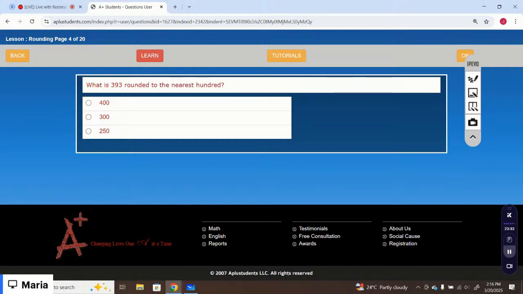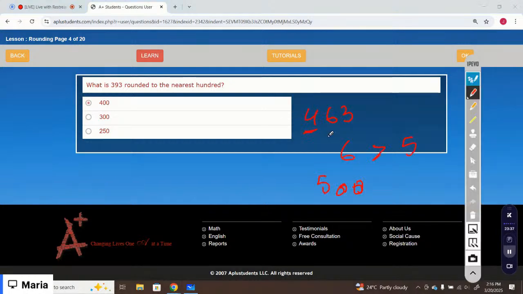Why 250? Let me explain again how we round off. You need to round off 393 to the nearest hundred. So the hundred digit is 3. You have to see the digit on the right hand side of the hundred digit, that is 9. 9 is greater than 5, so you need to round up. Round up means you need to add 1 to the hundred digit. 3 plus 1 is 4, and replace the other two digits with 0. So 393 is rounded off to 400.